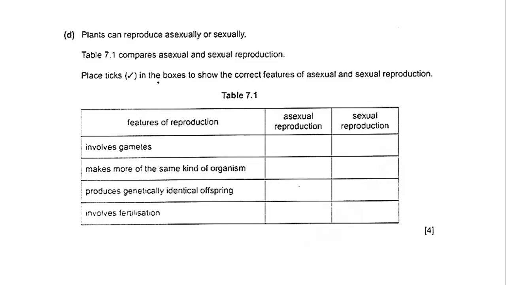Okay, now paper 3. Plants can reproduce asexually or sexually. Table 7.1 compares asexual and sexual reproduction. Put a tick in the boxes to show the correct feature of sexual and asexual reproduction. Please make sure that when it says put a tick, you put only a tick, no crosses.